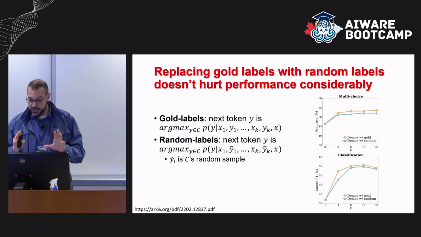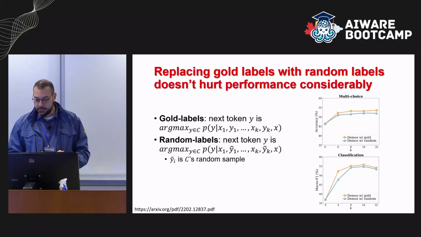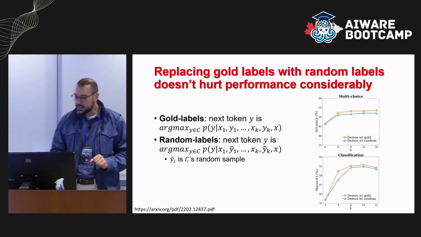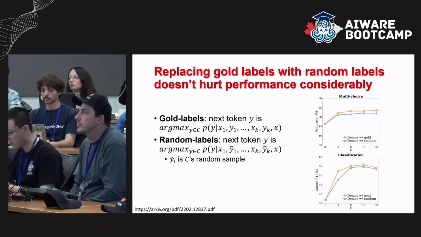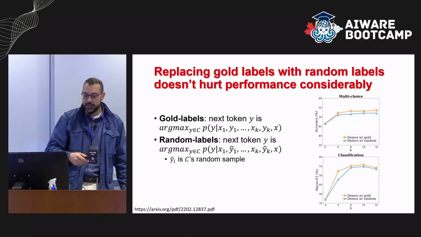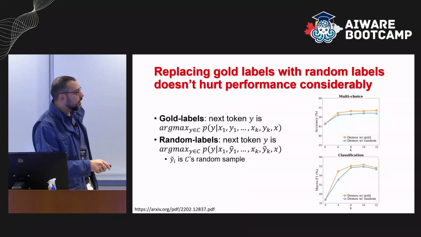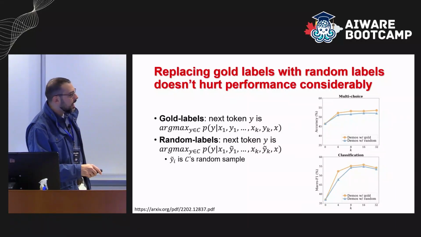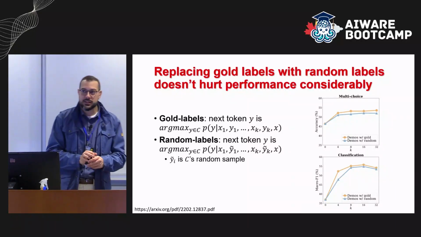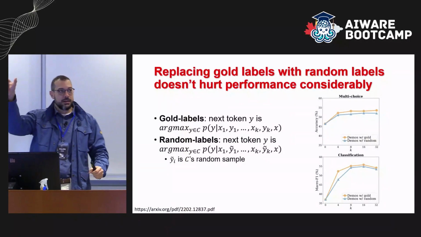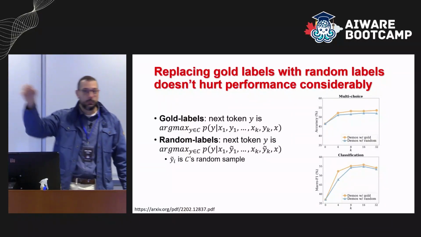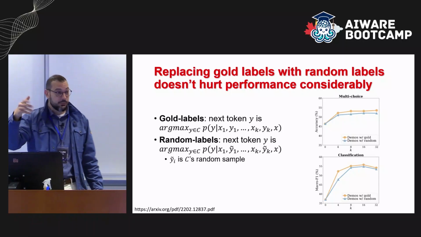This is just the result of that same paper. What we're seeing here, we have gold labels, represented by this yellow line, and gold labels are the correct labels. And we have random labels, represented by the blue lines here. Random labels means I get an input, and I just label that input with a random label instead of the correct label, instead of the gold label.